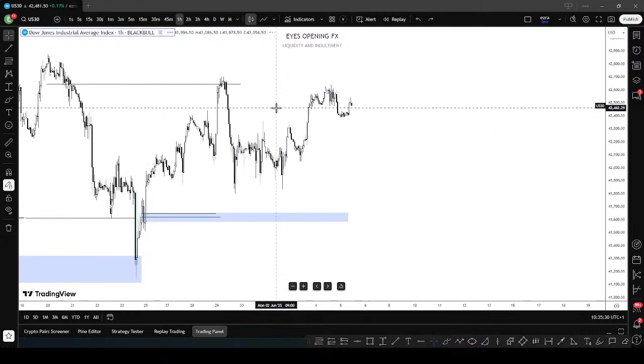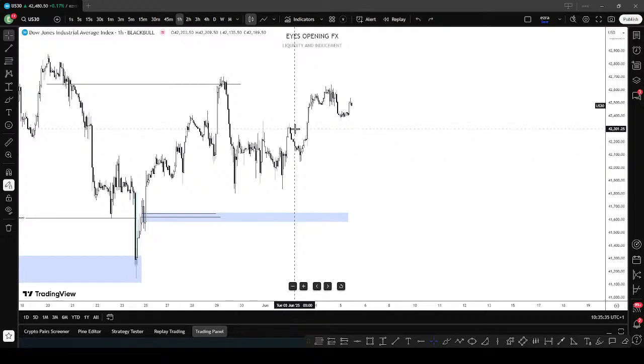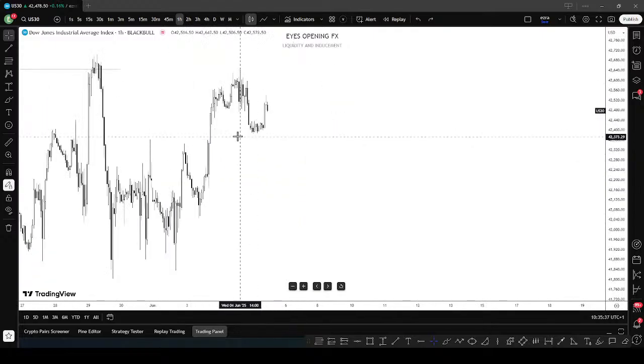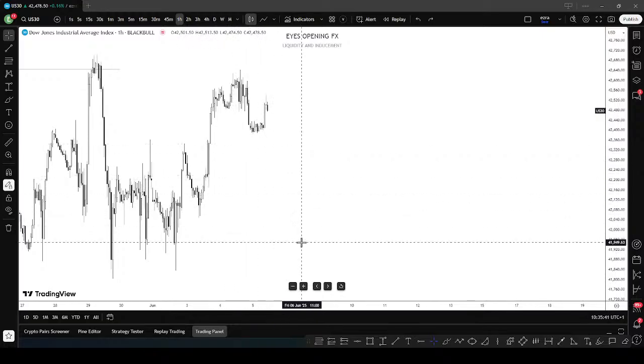And most of these pairs that have high pip counting, I don't just jump into them. I always wait for a perfect model to form before I take entry on them.